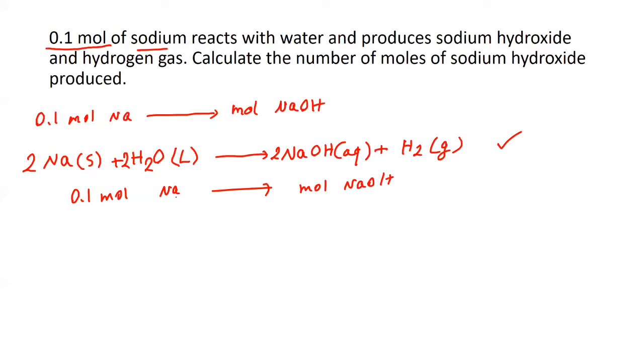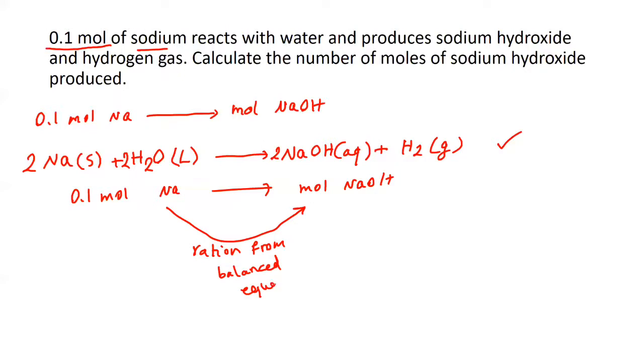How can I get the number of moles of NaOH using moles of Na, how can I link these two? The only thing I can use is, when I have the number of moles of one substance and I want to find the number of moles of another substance, I need to use the ratio from the balanced equation.